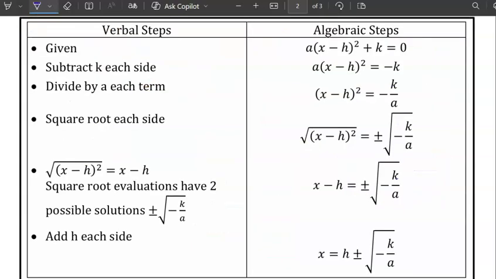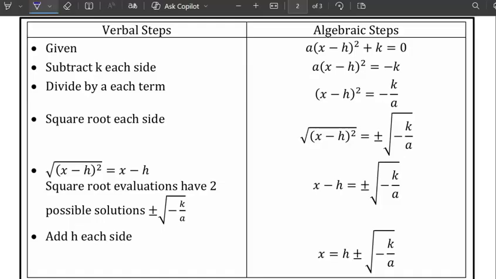Let's go to the next page of this. We have verbal steps and algebraic steps for solving a quadratic equation by taking the square roots. We have our vertex equation first, a parentheses x minus h squared plus k equals 0.